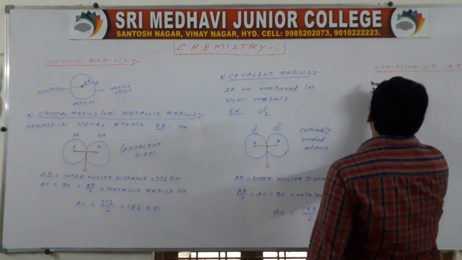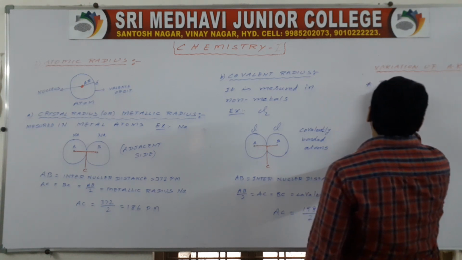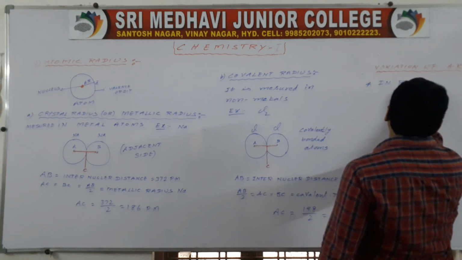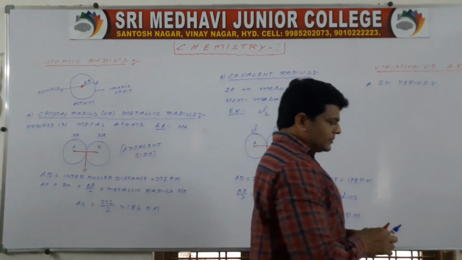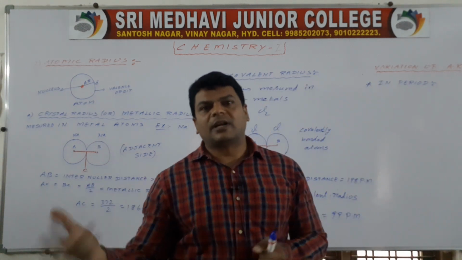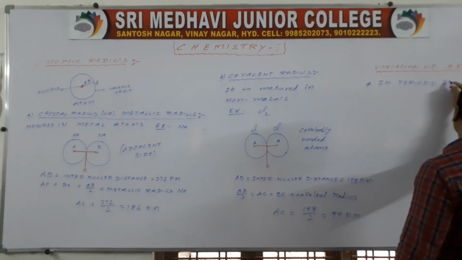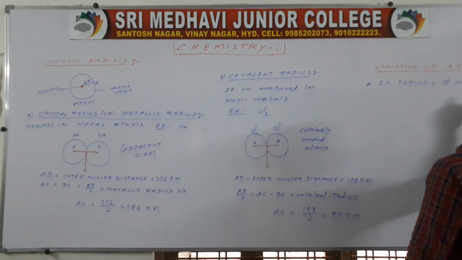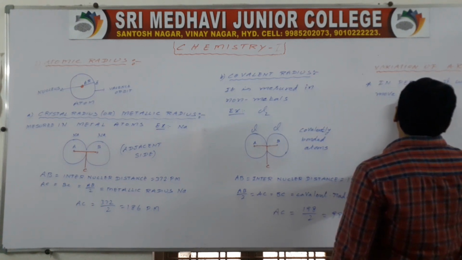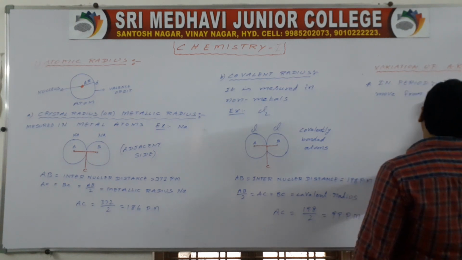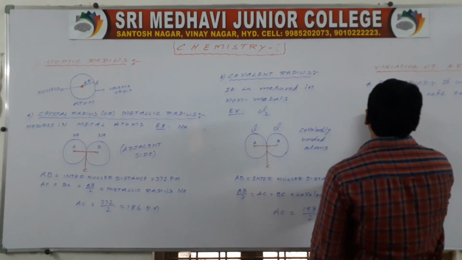First, the variation of atomic radius in a period. In a period we move from left to right.